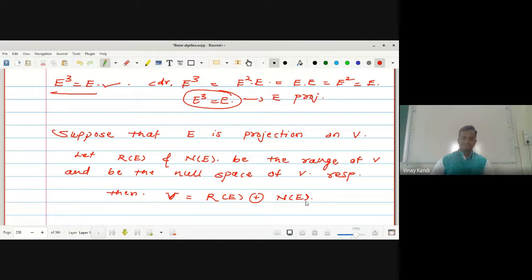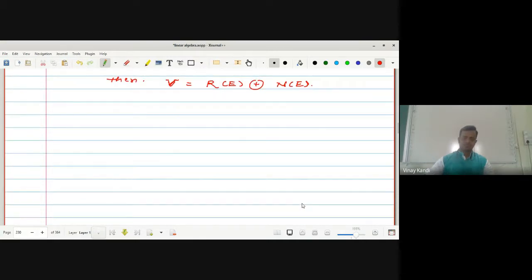No, sir. Okay, now one remark is there: the vector beta belongs to the range space of E if and only if E of beta is equal to beta.